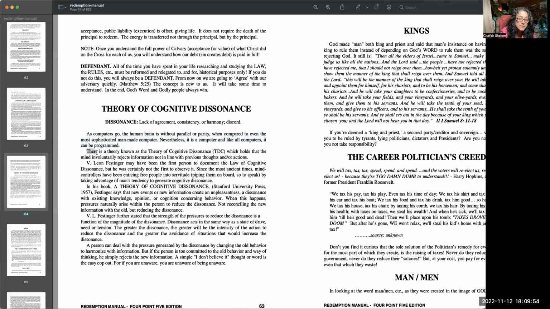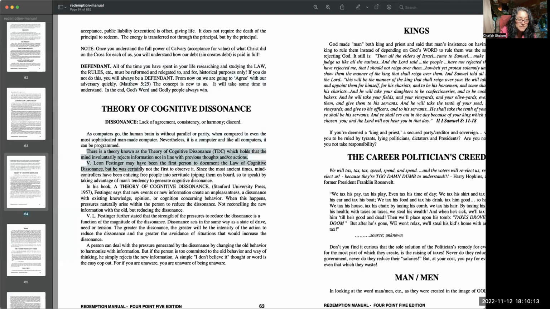Let's just continue here. There is a theory known as the theory of cognitive dissonance, which holds that the mind involuntarily rejects information not in line with previous thoughts and or actions. Yes.